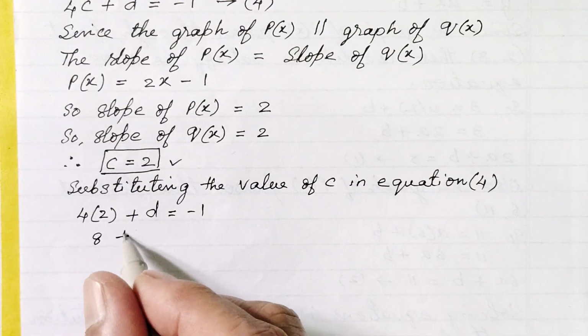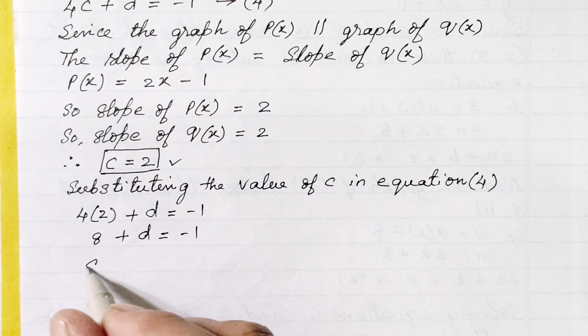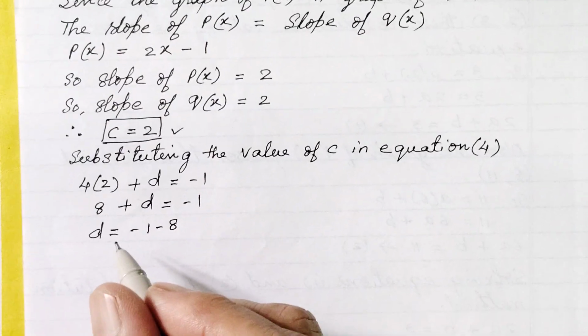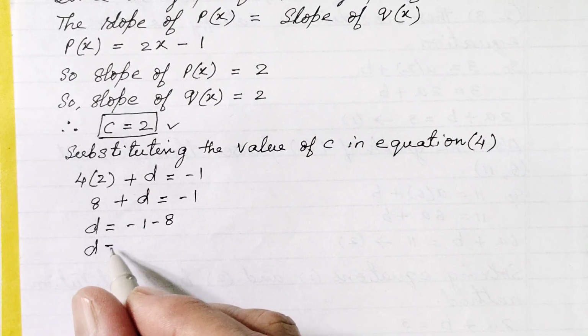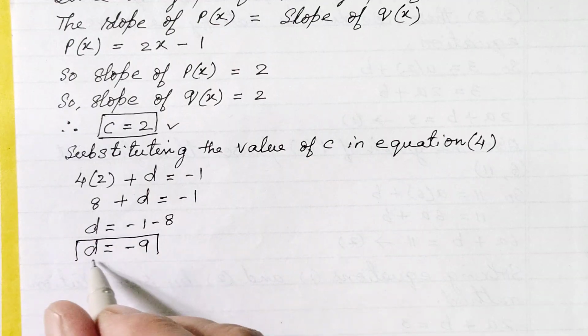So 8 plus D will be equal to minus 1. So D will be equal to minus 1 minus 8. So D will be equal to minus 9. Here we got the value of D.